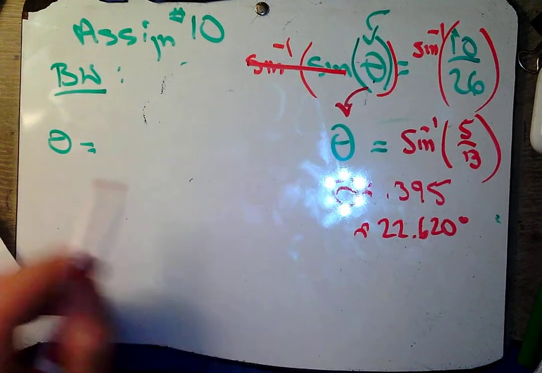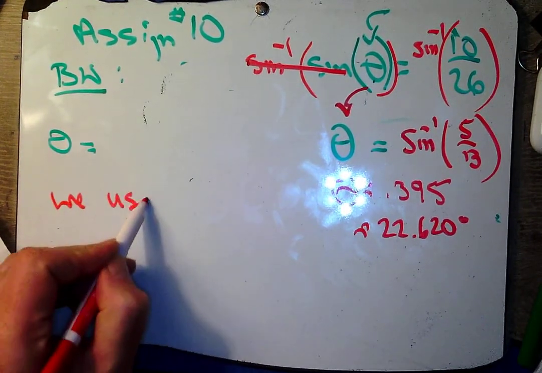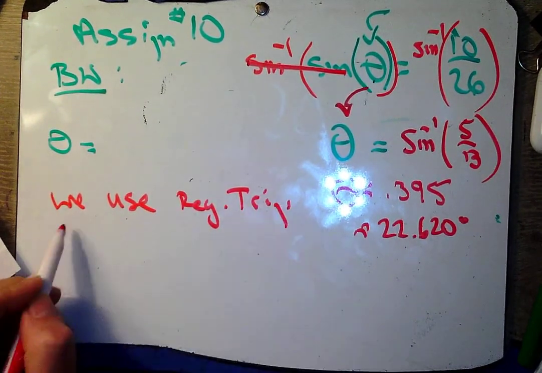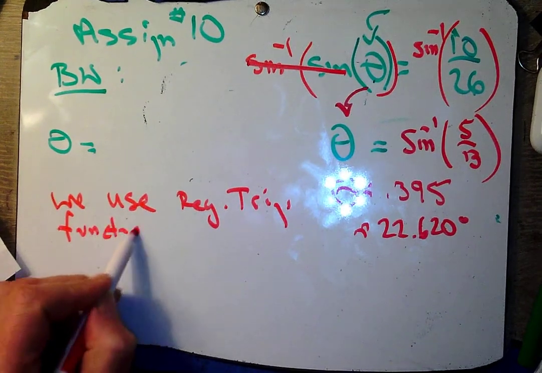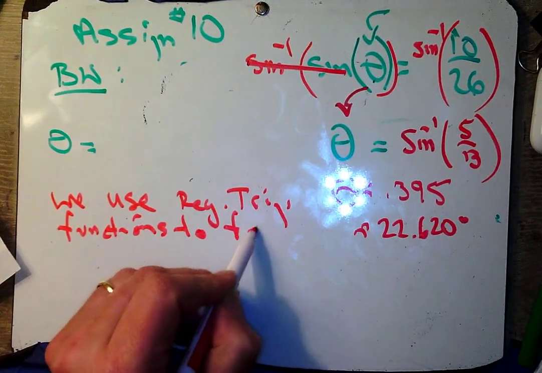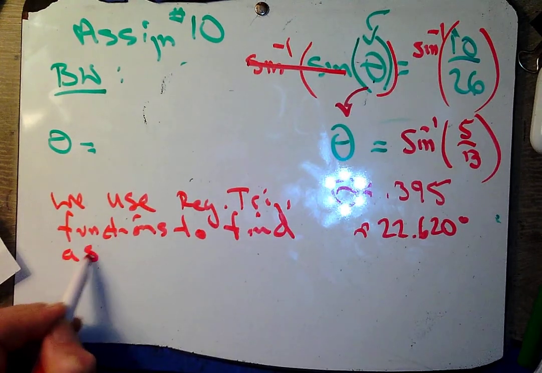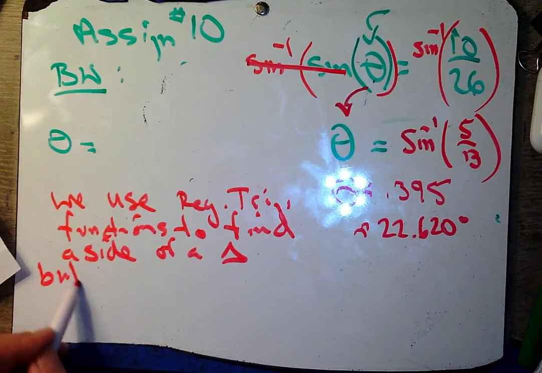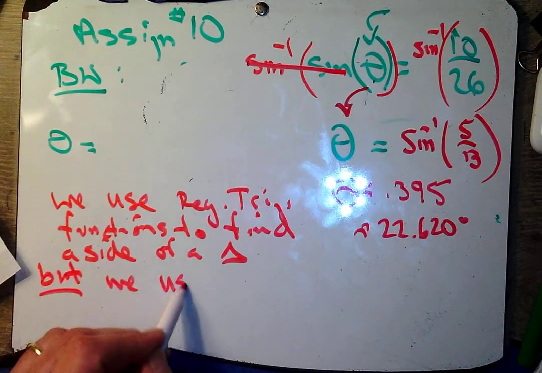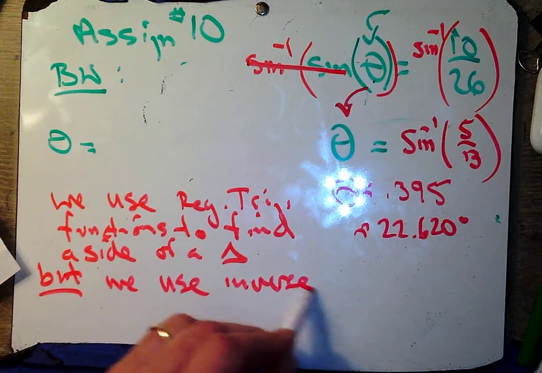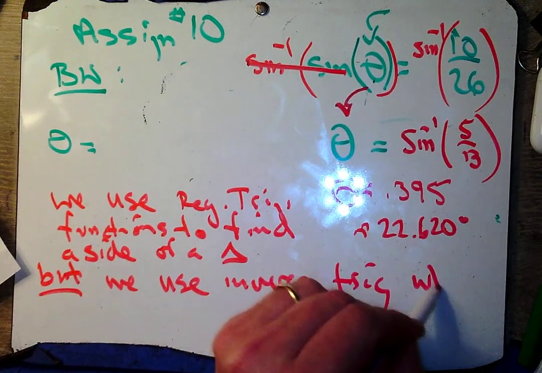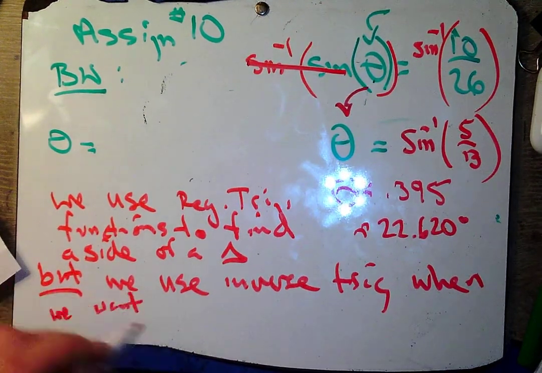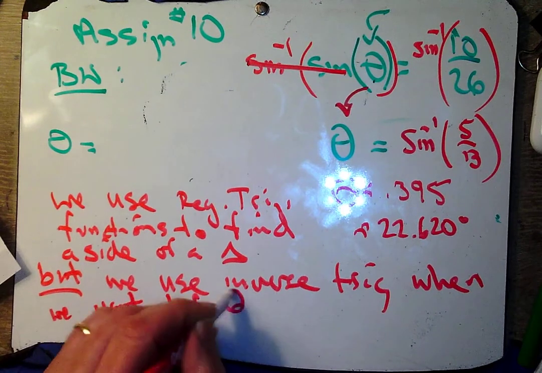Inverse trig. So we use the regular trig functions to find a side, but we use inverse trig when we want to find an angle.